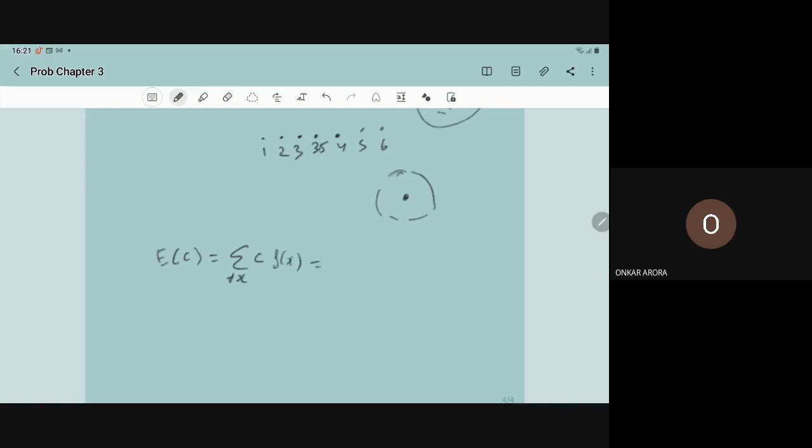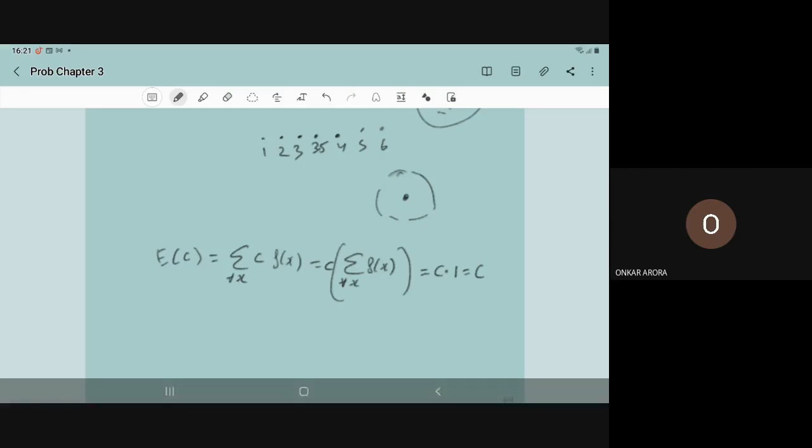Since c is a constant, we can write c times the sum over all x of f(x), right? And we know this is equal to 1. Sum of all probability is equal to 1. So c into 1 is c. So the expected value of a constant is always the constant.